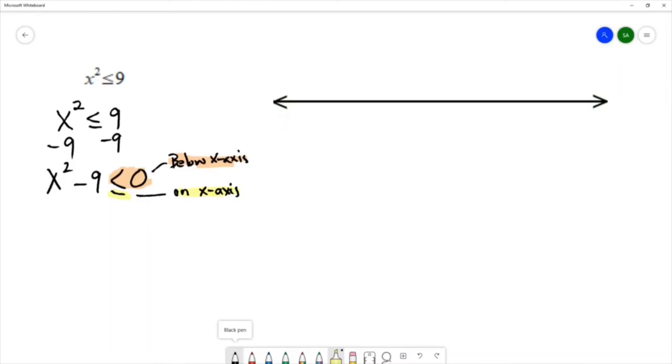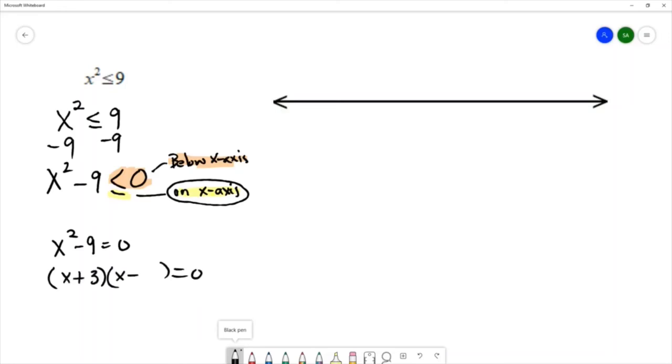Okay, so once you do that, then you're going to find your on the x-axis part, the equal to part. We're going to set that equal to 0, and this can be factored into x plus 3 and x minus 3. That's a difference of squares.